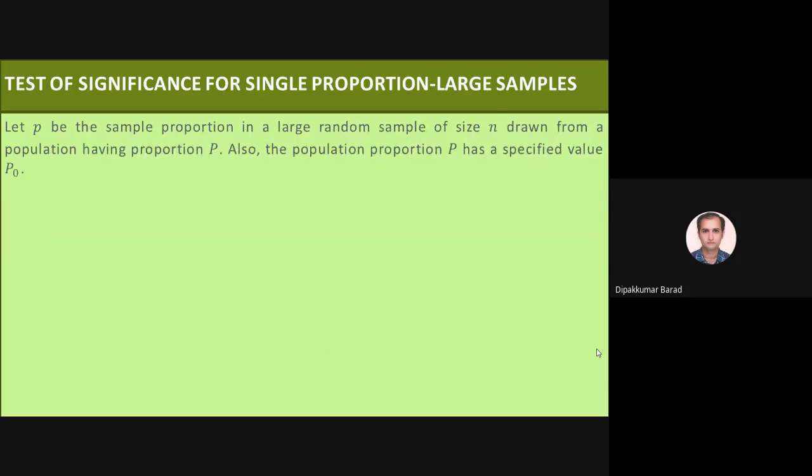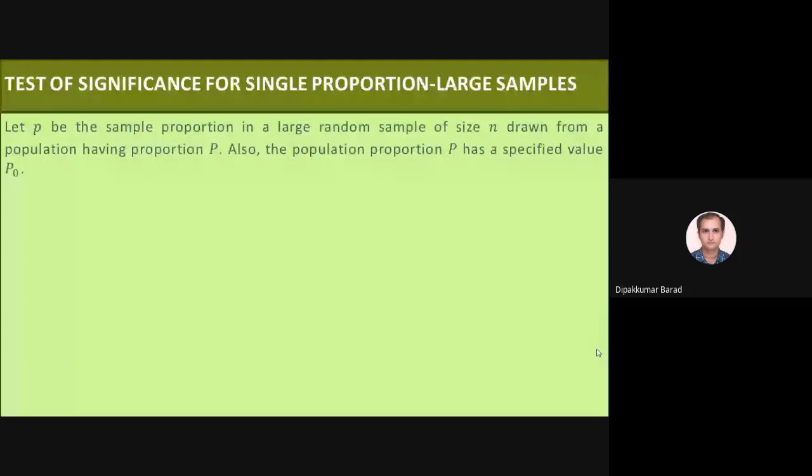So let small p be the sample proportion in a large random sample of size n drawn from a population having proportion capital P. Here capital P denotes the proportion for a population and small p denotes the sample proportion. The population proportion has a specified value p0.